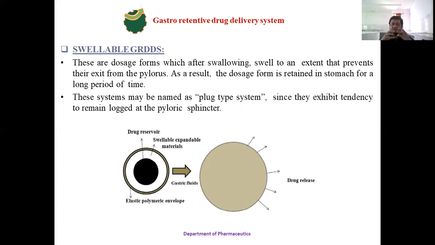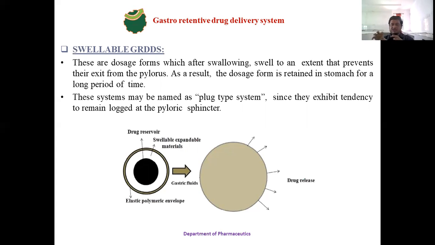We take the drug and a hydrophilic polymer, and when that dosage form or tablet is taken and comes in contact with the GI fluid, the polymer will try to enlarge. It will swell so much that it will be retained in the stomach and will not exit from the pylorus.